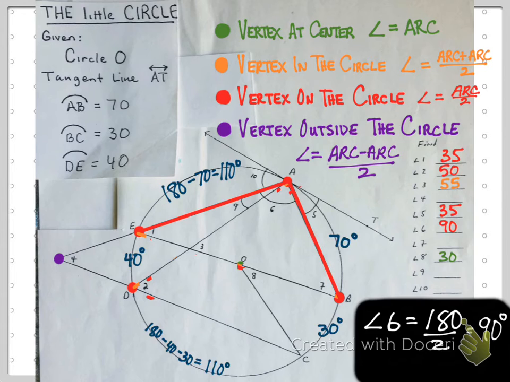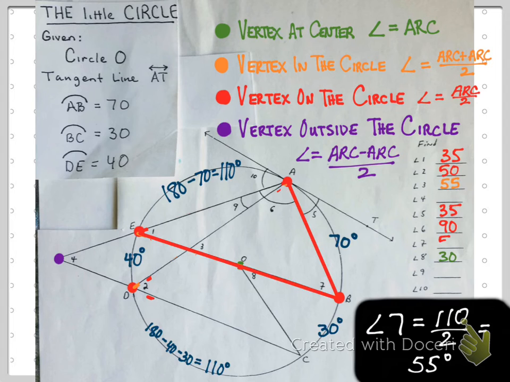Angle number 6 can be tricky if you don't look carefully, but angle number 6 is the entire angle that's shown on the picture right now, and that angle intercepts an arc that's 30 plus 110 plus 40. That's the whole 180-degree semicircle. So we take that 180 degrees, divide by 2, and angle number 6 is 90 degrees. Angle number 7, again, its vertex is on the circle. It intercepts a 110-degree arc.